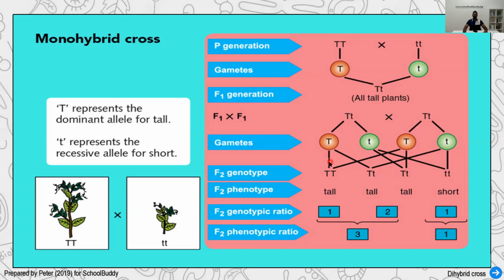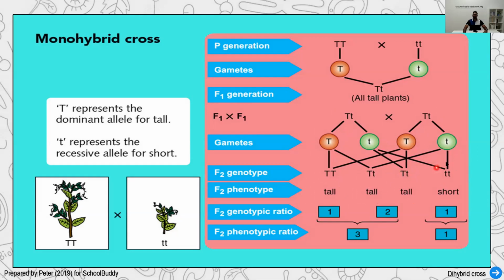After we do all the crossing, we can see that three of the organisms have a tall character because of the presence of the capital T. This one obviously has a big T here, it's dominant, so it's going to show the tall expression, similar to this one.